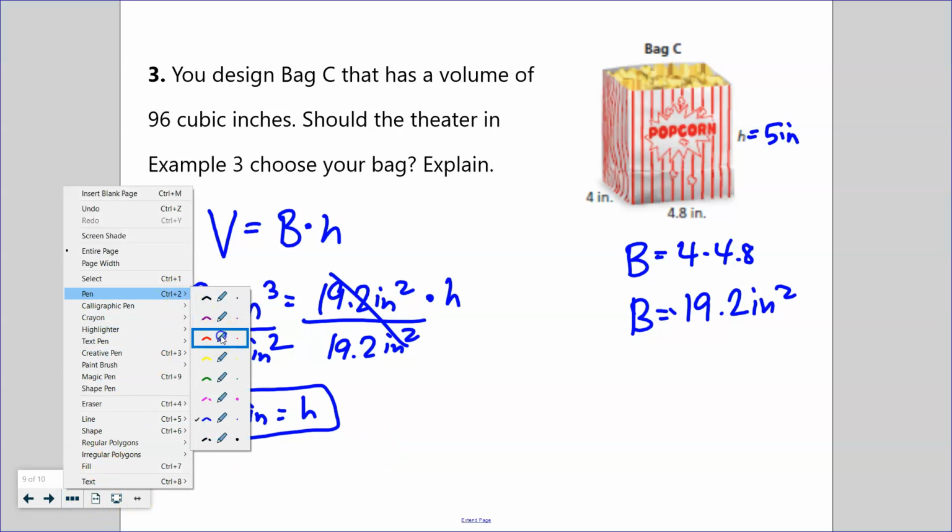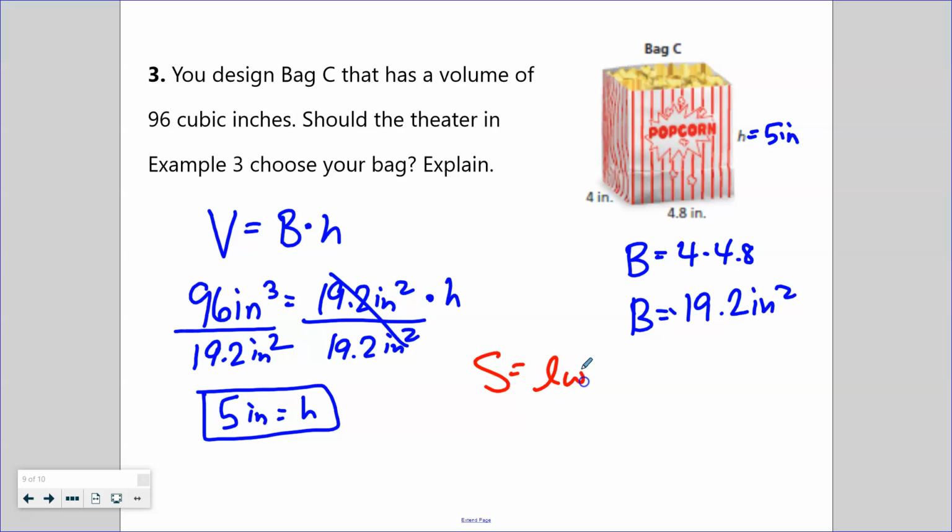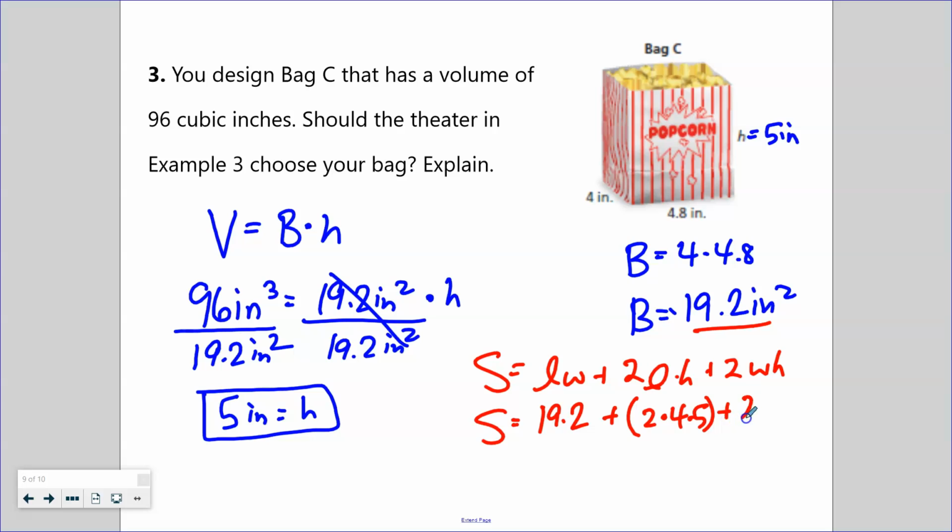And so now surface area equals length times width plus 2 times the length times the height plus 2 times the width times the height. And so we're going to plug all that in. We have length times width, that's the base, so I'm just going to use this right here because we already have that, 19.2. It would just be 4 times 4.8, and then we have 2 times 4 times 5 plus 2 times 4.8 times 5.